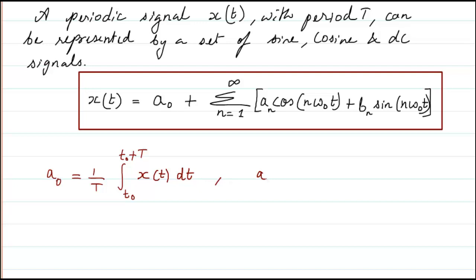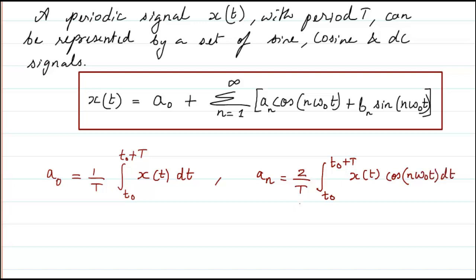Similarly, for finding out an, basically we use the correlation equation, which is 2 by T integration again from t0 to t0 plus capital T, and then x of t multiplied with cos n omega naught t dt.